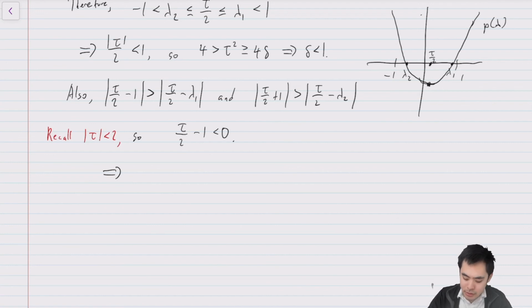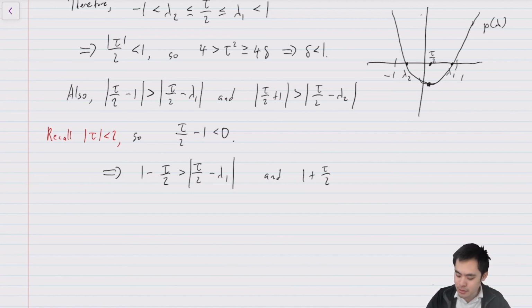Which then implies that 1 minus tau over 2 is greater than the absolute value of tau over 2 minus lambda 1. That's taking this here and converting it, because we know that it's negative, and so we just multiply it by minus 1. And similarly, we know that 1 plus tau over 2 is positive.